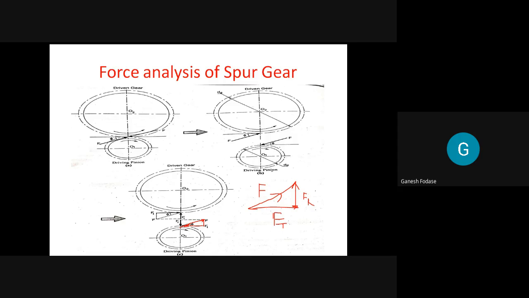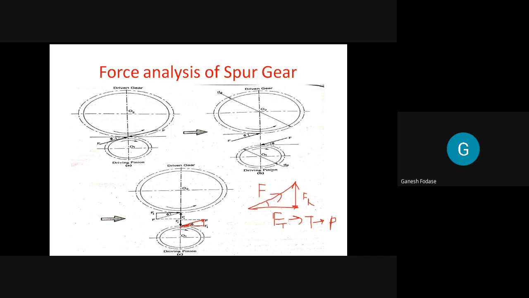As this FR is acting radially, along the radial direction, it will try to separate out the two gears. But the tangential force is responsible for power transmission. So the tangential force is responsible for torque, because torque is equal to Ft into R, and hence it will produce power. We can just remember this, and they are related by this angle.